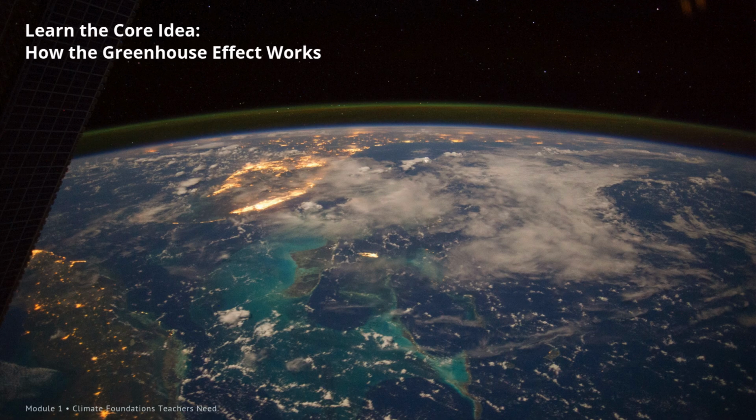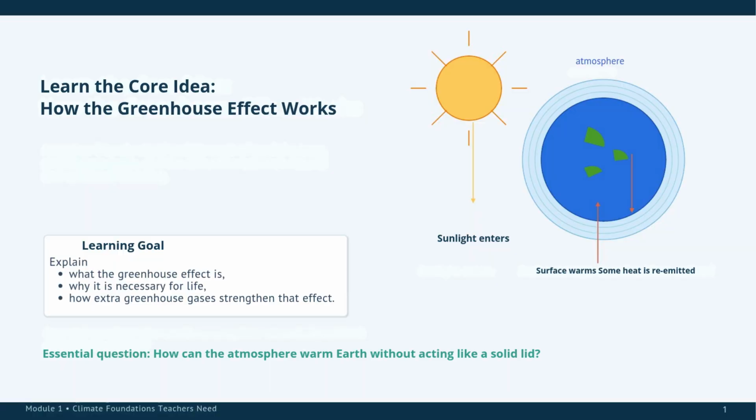When we talk about greenhouse gases, we're mainly talking about water vapor, carbon dioxide, methane, nitrous oxide, and ozone. There are some others, but those are the main ones. Our goal in this lesson is to understand three main things.